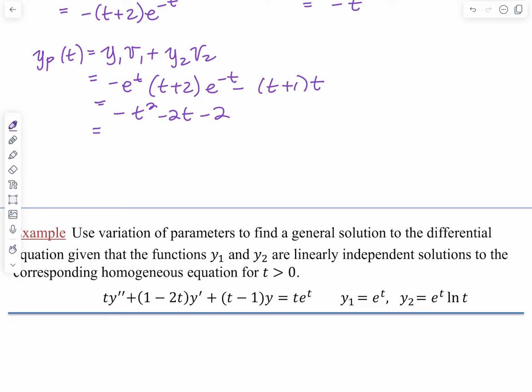As you can see, we have y2 of t right here.